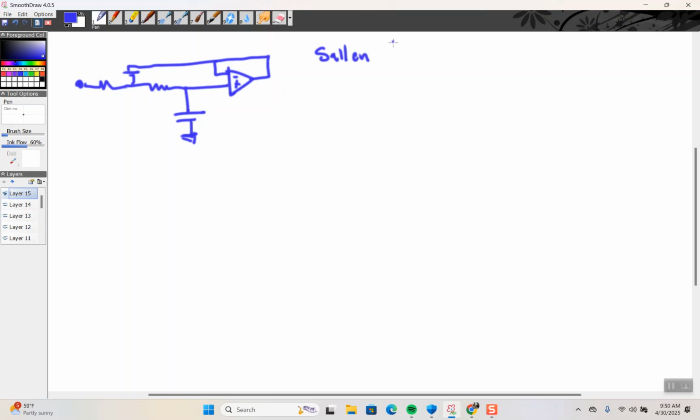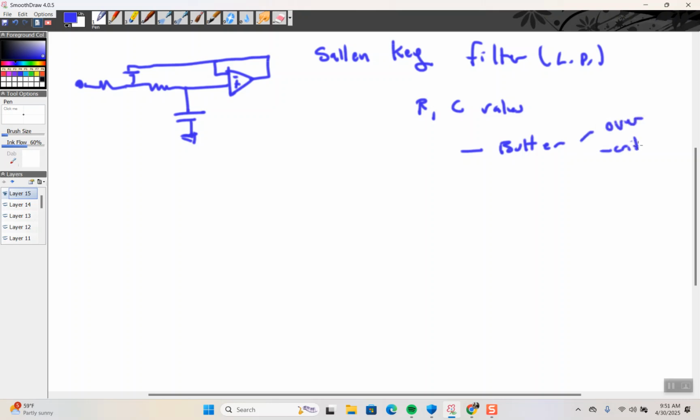This is a Sallen-Key low pass filter. But the R and C values can be for Butterworth, right? You can make it overdamped, critical, under, and Butterworth is when the damping is 0.707, right? So this Sallen-Key, even though we use Butterworth filter a lot, it can be whatever you want as long as it's second order, right?